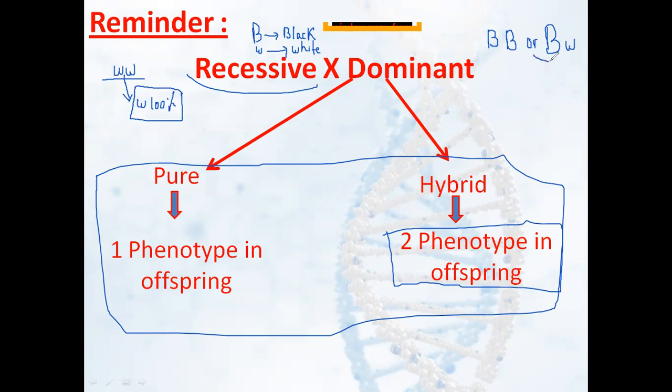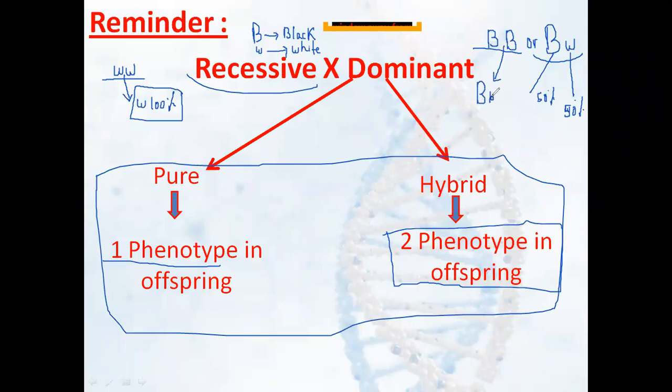If we have two phenotypes, the dominant parent should give two different types of gametes, B and w, 50% B and 50% w. However, if we have only one phenotype, it gives only one type of gamete, B, 100%.